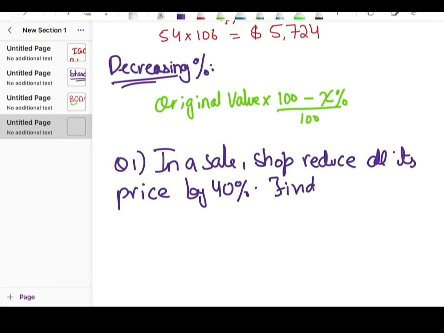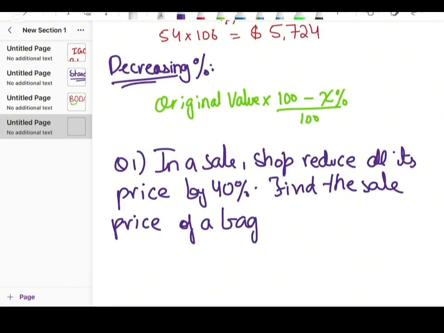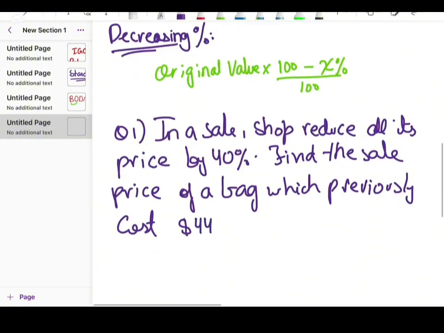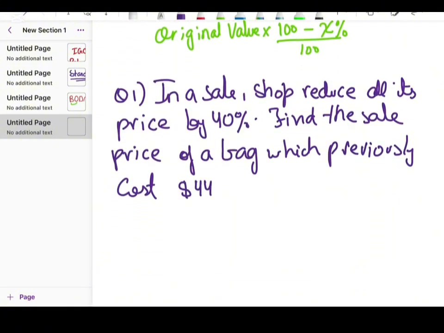Find the sale price of a bag which previously cost $44. So you can see that 40% is a reduction in the price.